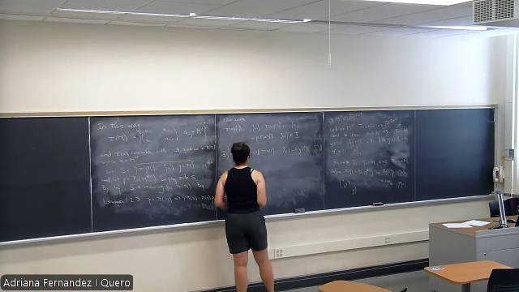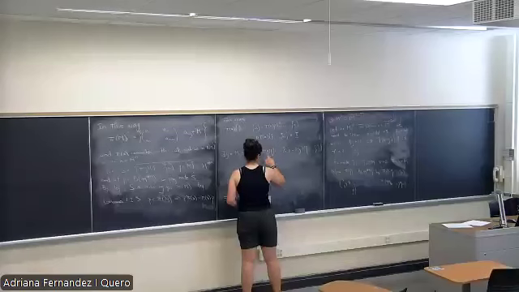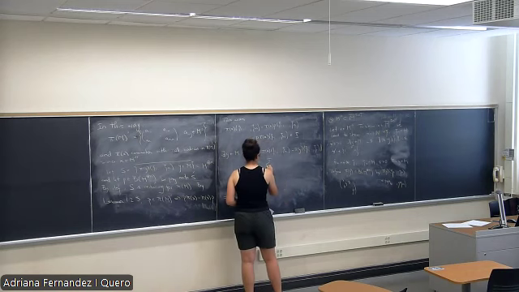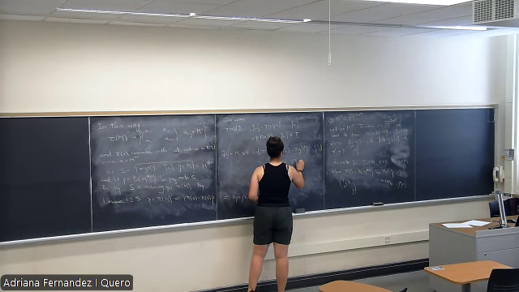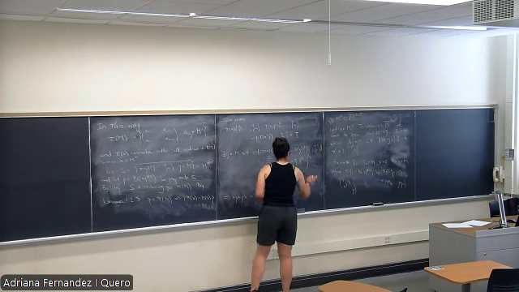But this is nothing but the sum, when you apply pi and take this definition, over i from 1 to n of the norm of pi x psi i minus pi y psi i squared, all to the power 1/2.